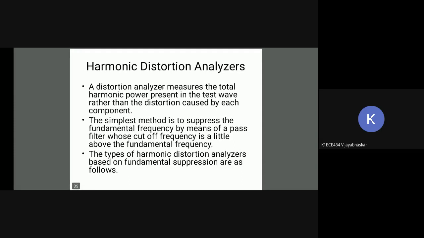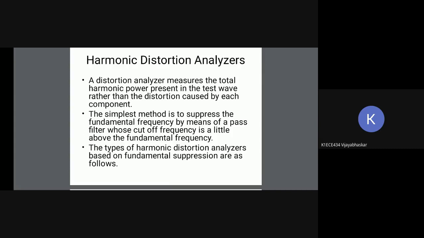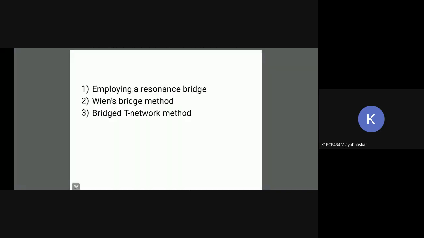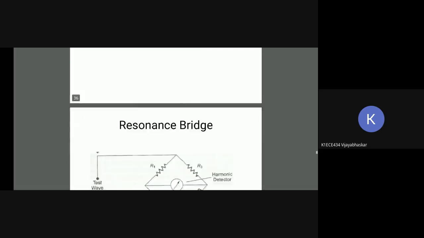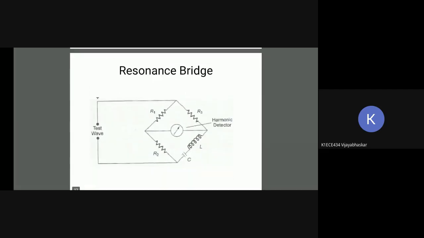Based on the fundamental frequency suppression, the harmonic distortion analyzers are of the following types. These are the different types of harmonic distortion analyzers. They employ the resonance bridge method, Wien's bridge method, and the bridge T network method. Students, all of you see this slide.